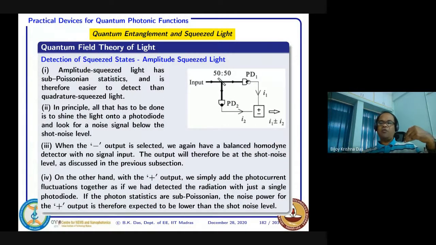So when you are subtracting, you will be getting the outcome of shot noise basically. Because if they are correlated, they will cancel each other. Since the shot noise coming is uncorrelated, I1 minus I2 gives you actually shot noise basically.